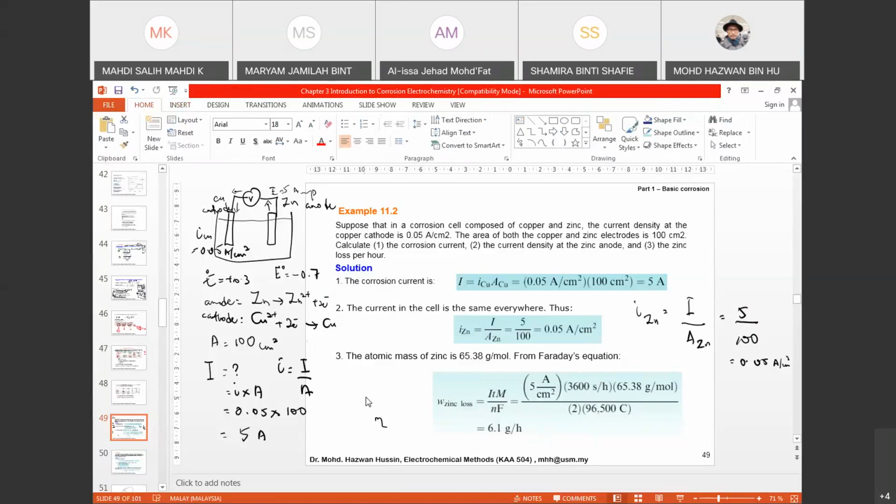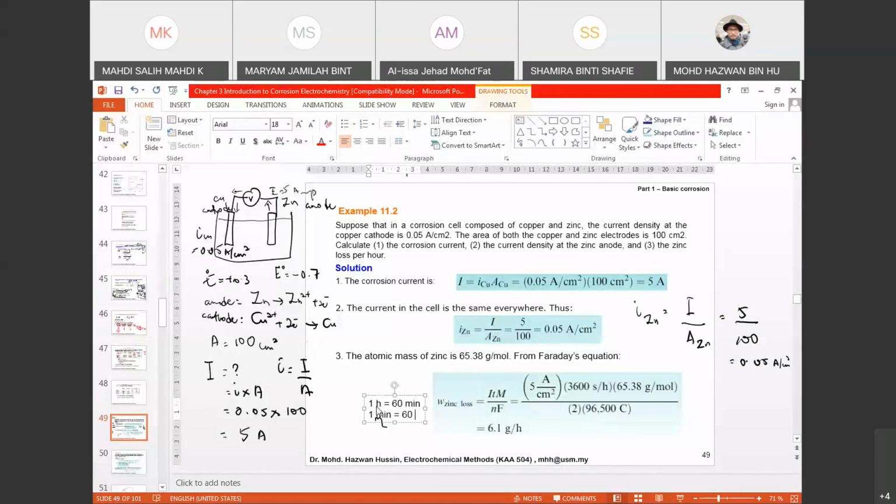Okay, 1 hour equals 60 minutes, and 1 minute equals 60 seconds. Therefore, for 1 hour, it equals 60 times 60, which eventually equals 3,600.